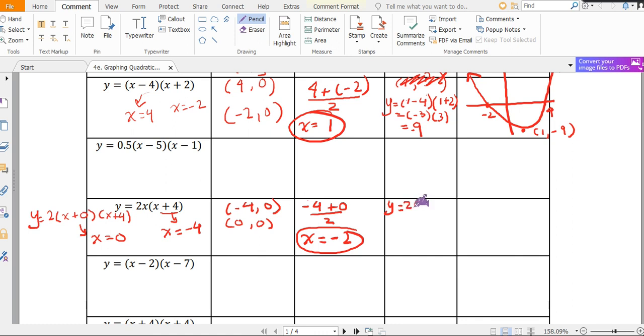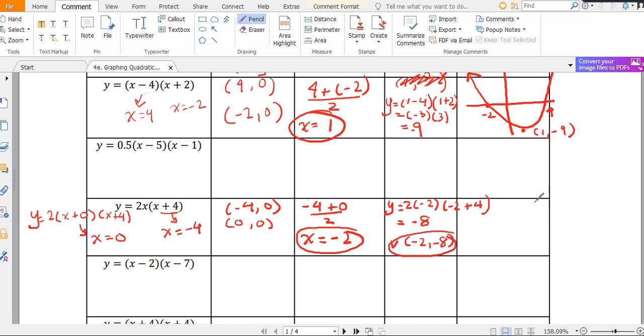So I'll have 2, negative 2, and then negative 2 plus 4. Now if I type all that in, 2 times negative 2 is negative 4. Negative 2 plus 4 is 2, so 2 times negative 4, that's negative 8. So my vertex should be (negative 2, negative 8).